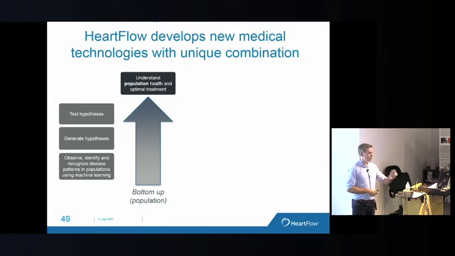They're 58 years old, Asian American, diabetic, hypertensive, and we need to figure out how to treat them. So you can look at millions of other patients. You can find other 57-year-old Asian Americans that are diabetic and hypertensive, and they got treatment A, and it didn't work out so well, but others got treatment B, and that worked out great. So you can say, well, this new patient is more likely to benefit from treatment B.